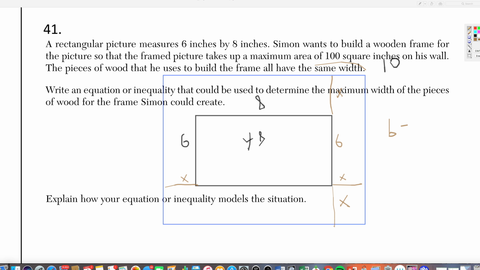It's 6 plus 2X. This used to be 8 long, how long is it now? It's also 8 plus 2X. So the rule is to find the area, you have to multiply them by each other, and they should be maximum, so that should be less than or equal to 100. And then you solve, factor, and solve.